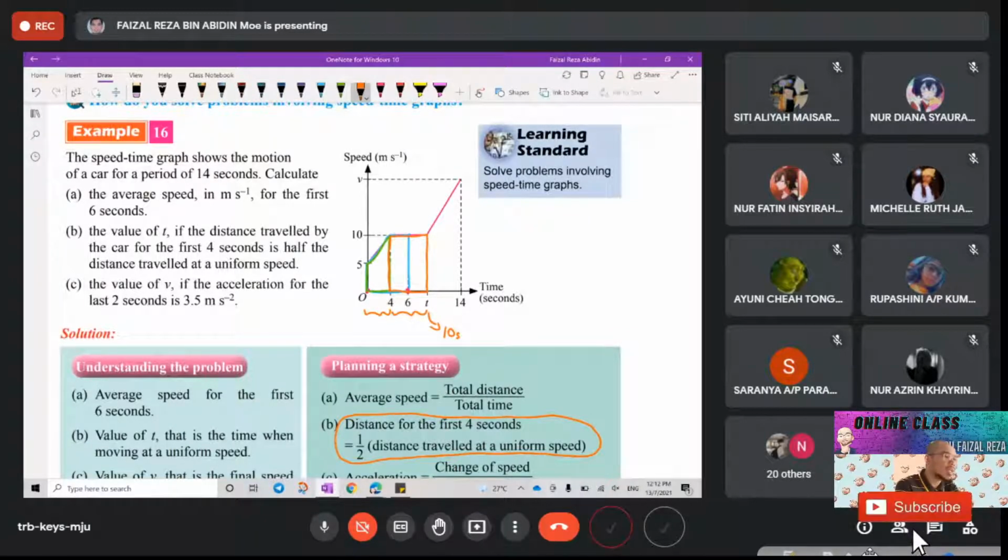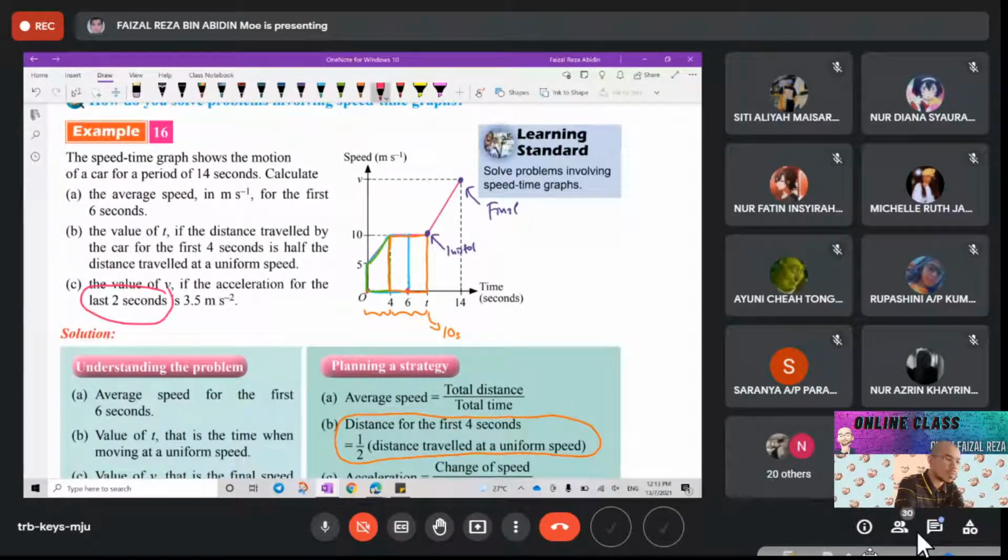So what we have over here, the final speed is V. If the acceleration means the rate of change of speed, the final speed is V, and the initial speed is 10. We take our time: the final time is 14 minus the initial time 10, because the question is asking for the last 2 seconds.